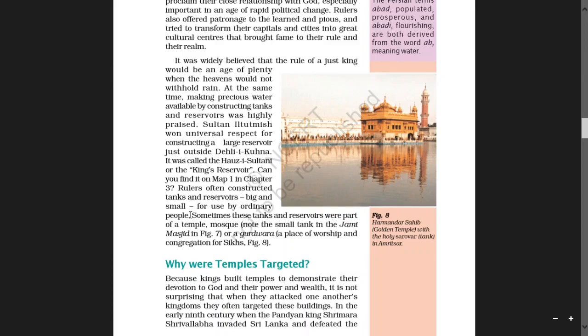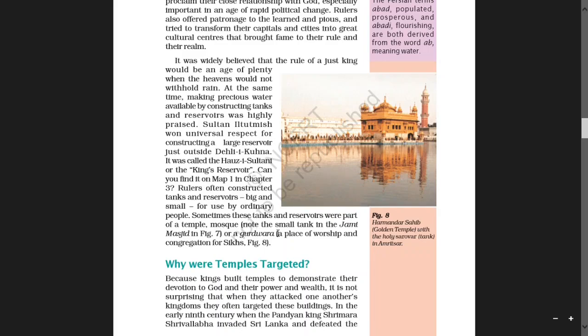Sometimes these reservoirs were part of a temple, a mosque, like the small tank in the Jami Masjid, or a Gurudwara.